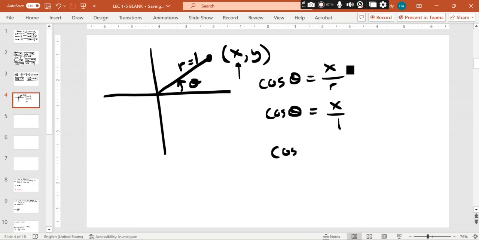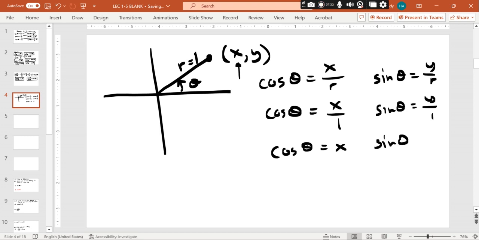If r is equal to 1, only in this special case, cosine theta is actually equal to the x coordinate. And the same thing for the y. So sine theta is defined to be y over r. Whoa. That means sine theta is y over 1, which really just means that sine theta is equal to y. Now this only happens where we have r equal to 1.